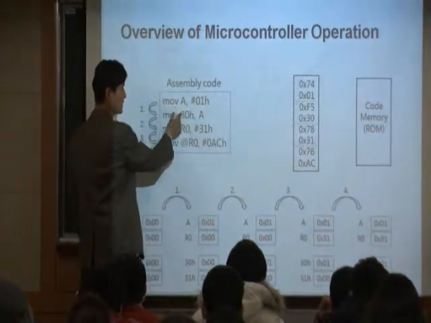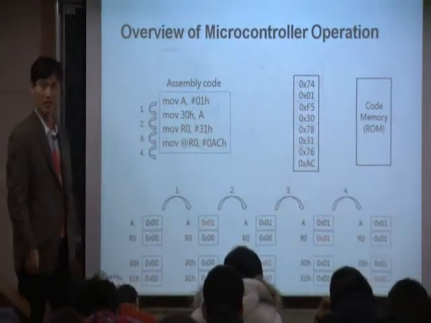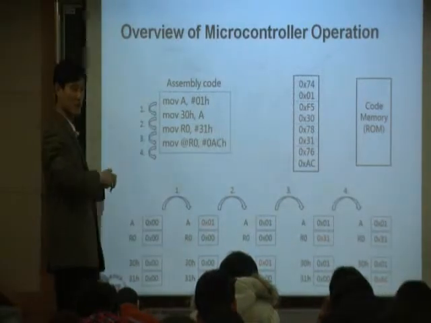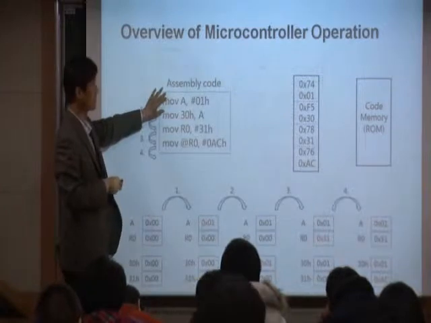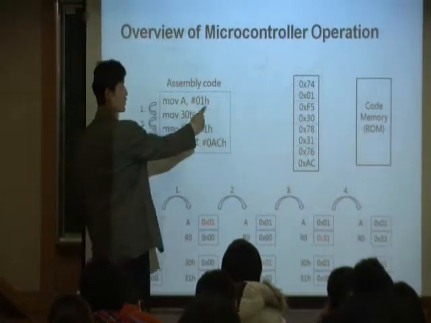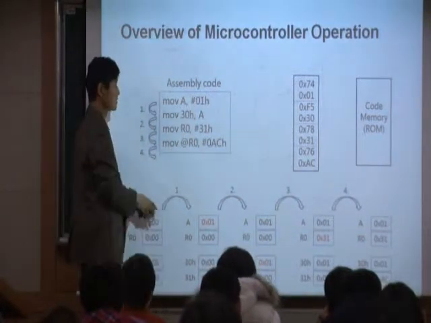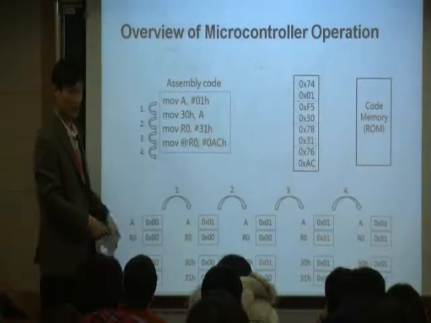Okay? Move destination, comma, source. What that means is move something from one location to another. That's this instruction. In this particular case, 0, 1 is the value, and you want to move this value into A.